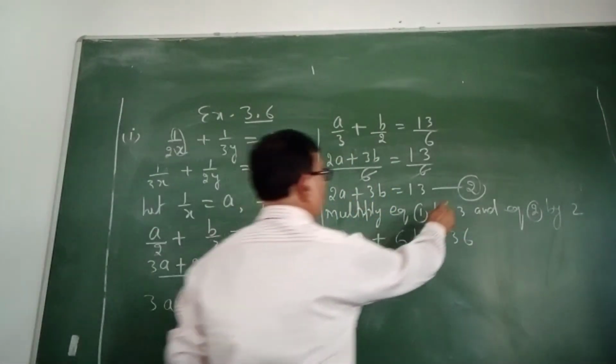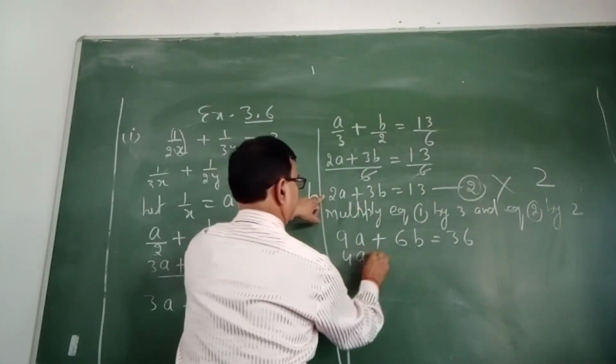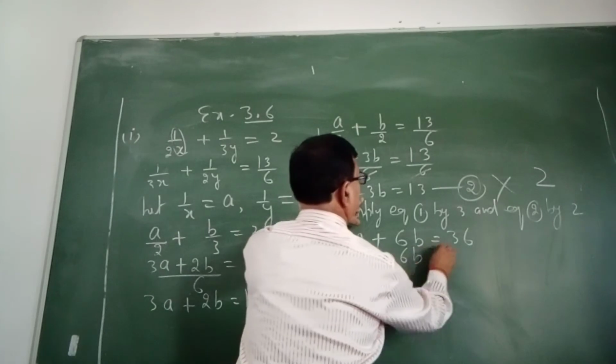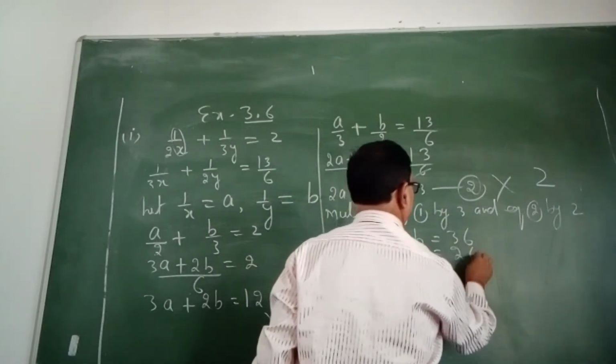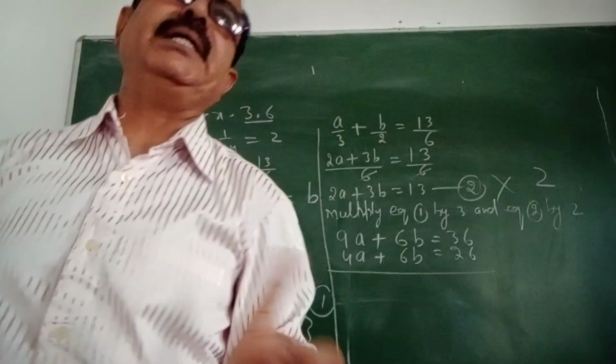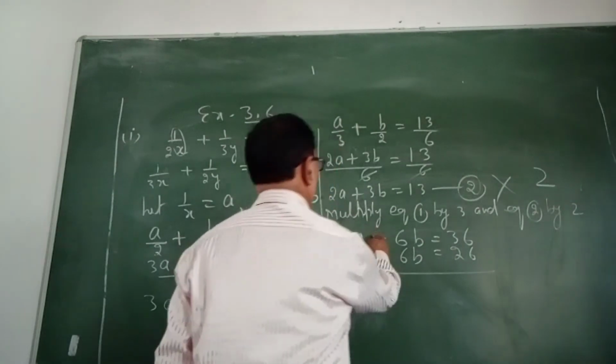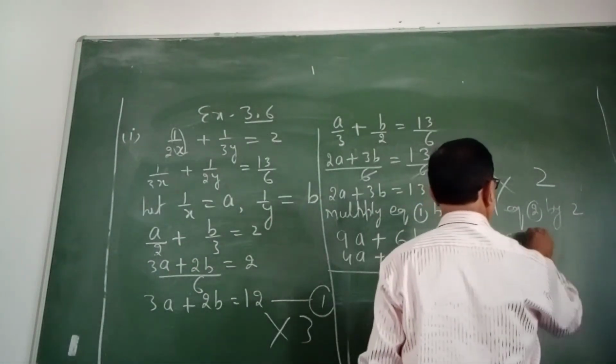Equation number 2 multiplied by 2: 2 2s are 4a plus 6b is equal to 13 2s are 26. Now we have balanced b. Both coefficients are the same and the sign is also the same, so we subtract.